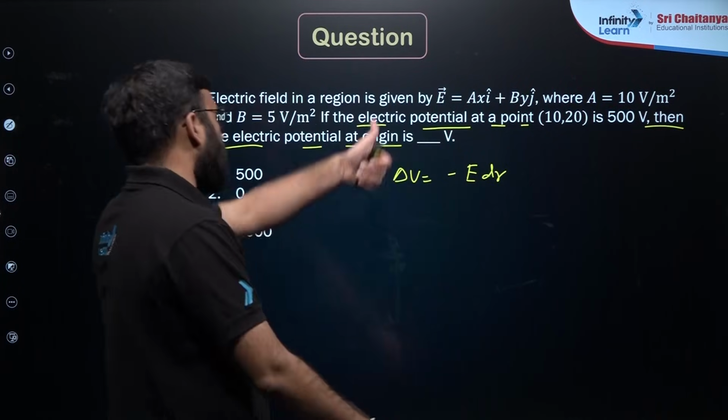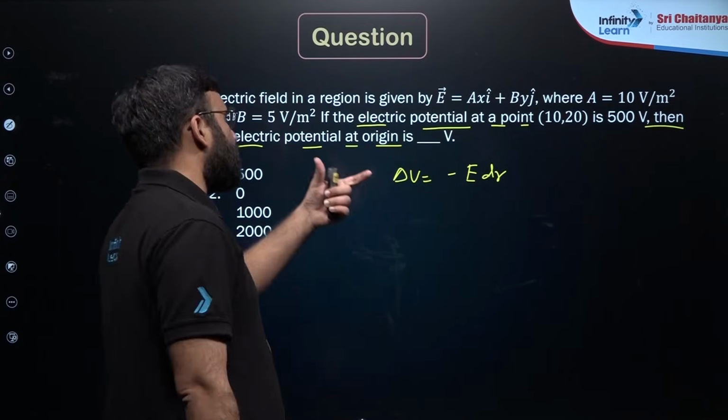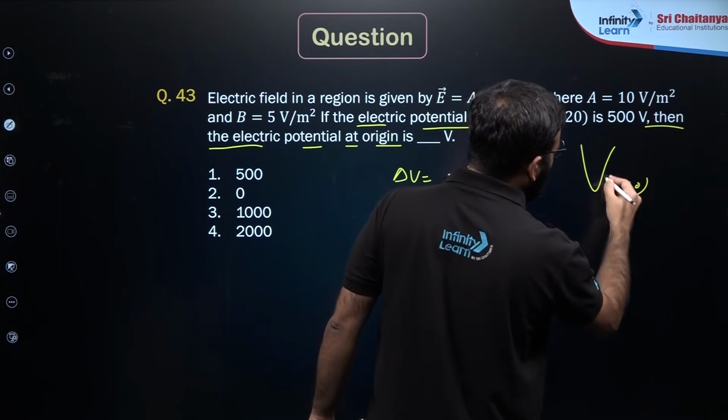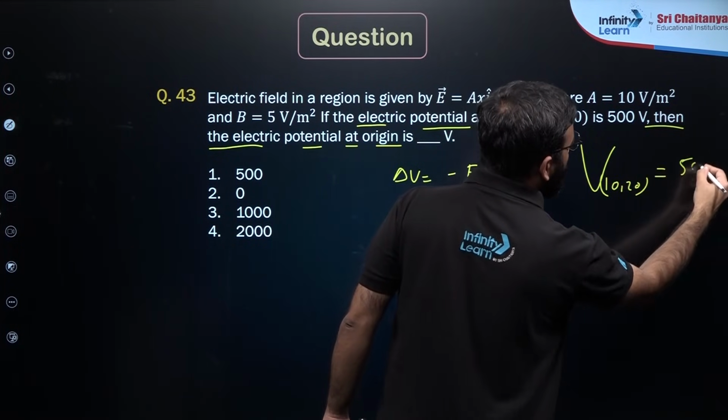E vector is given and at a certain point V at (20, 10) equals 500 volt.